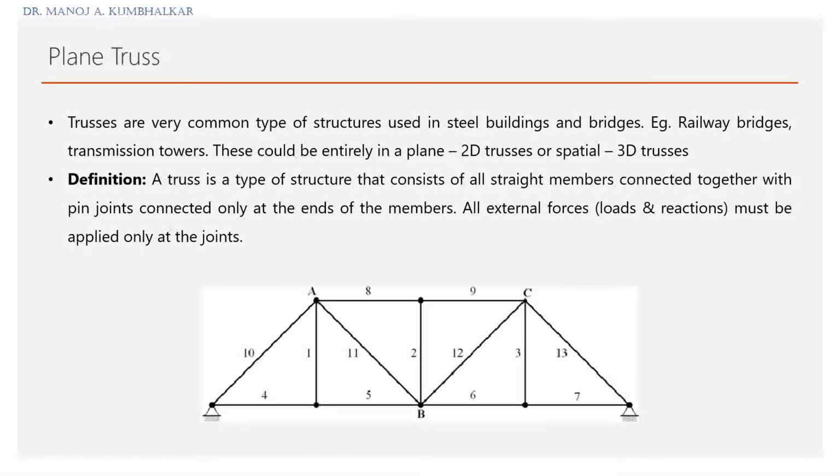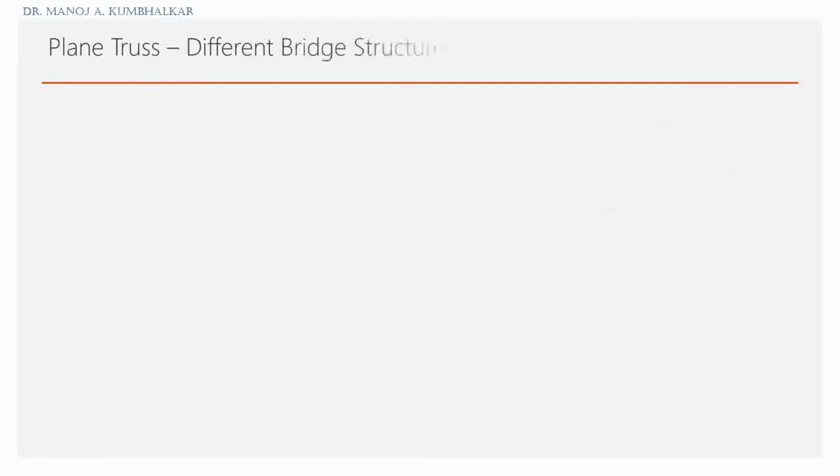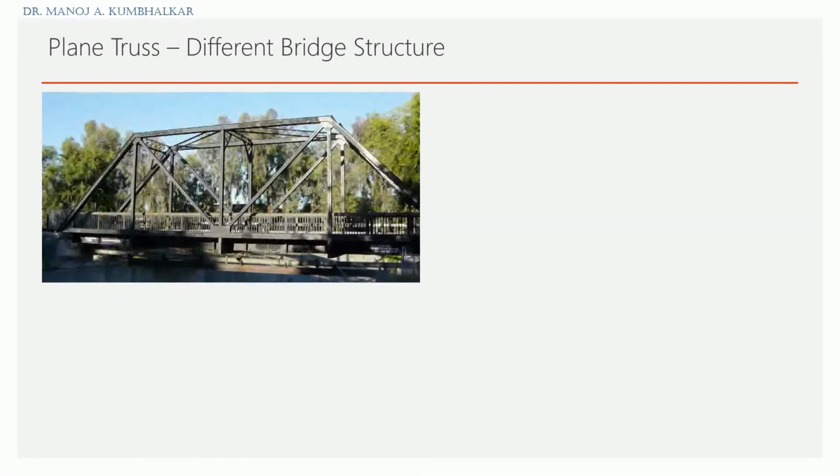The main examples of trusses are railway bridges and transmission towers. You have already studied trusses in engineering mechanics. The plane truss is used in different bridge structures. Here are some pictorial views of bridge structures.